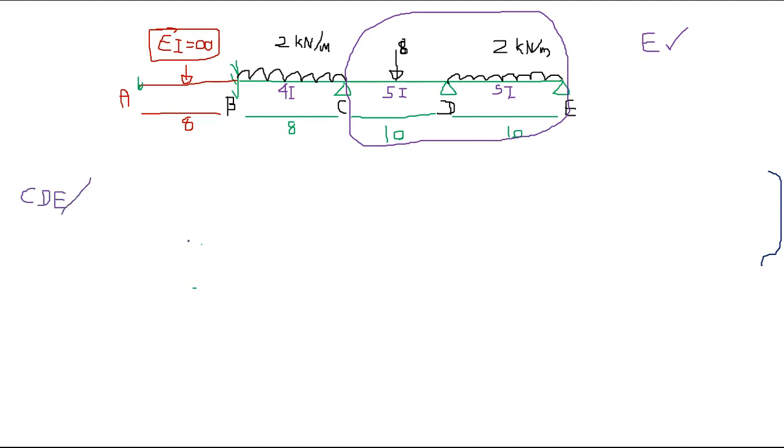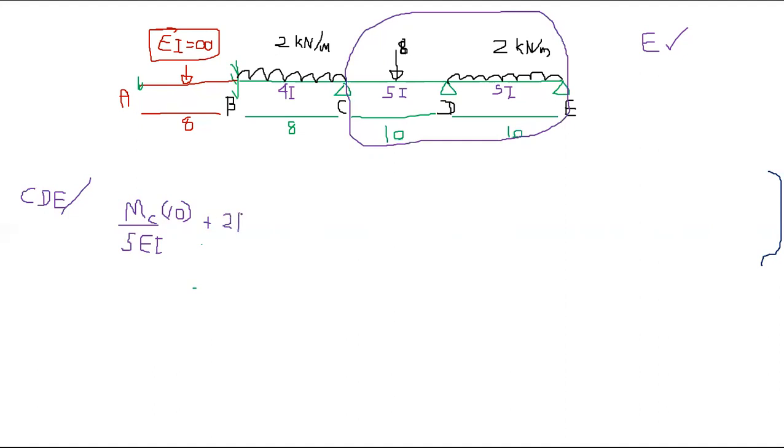And apply. So that's going to be MC into 10. So both spans length is 10 meters, okay? So over EI is, so the first part is 5EI. Second part is also 5EI, okay?